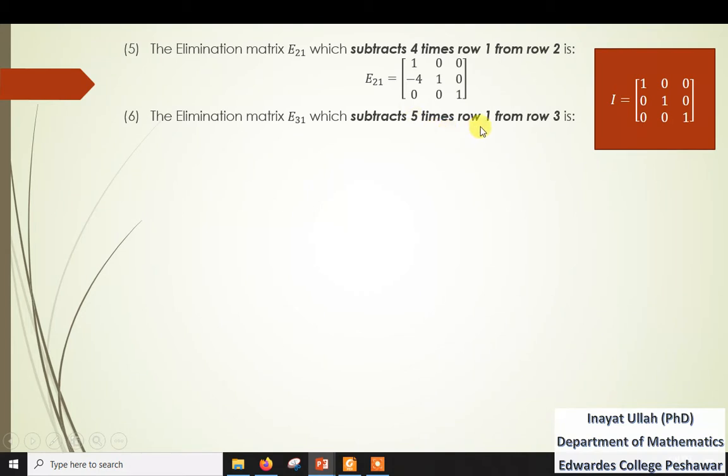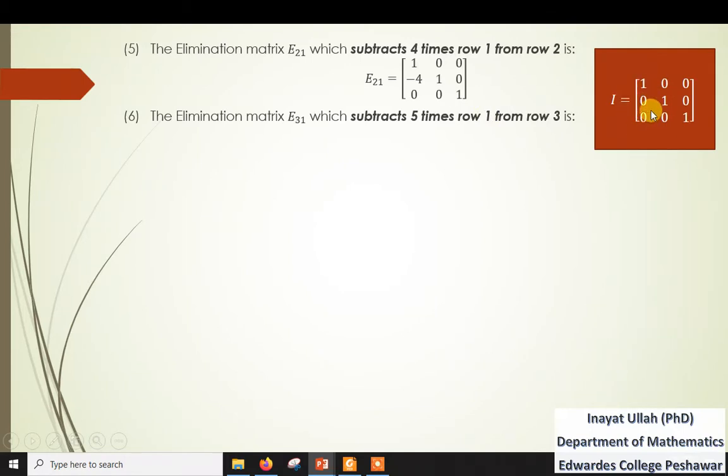So changes will occur in row 3, and in row 3 we will write 5 with a negative sign in that place where there is 1 in row 1.